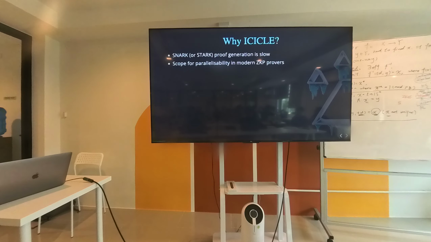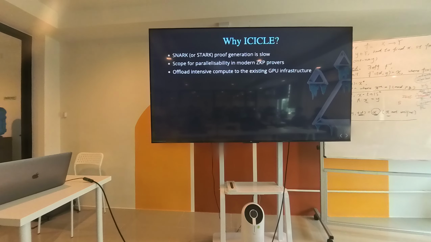So then we realize that there is immense scope for parallelizability in proof generation of modern ZK SNARKs. So then the obvious next step is, can we parallelize these operations, and can we offload these computations as much as possible to GPU? Now why GPU?